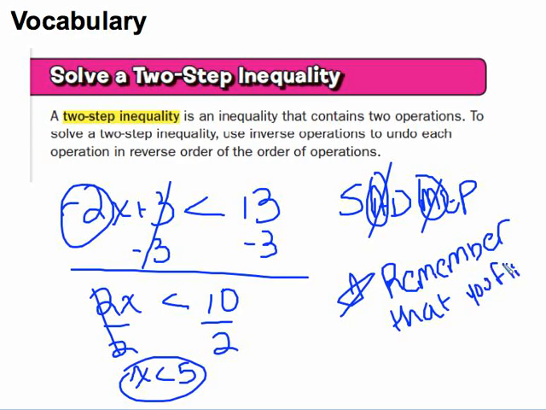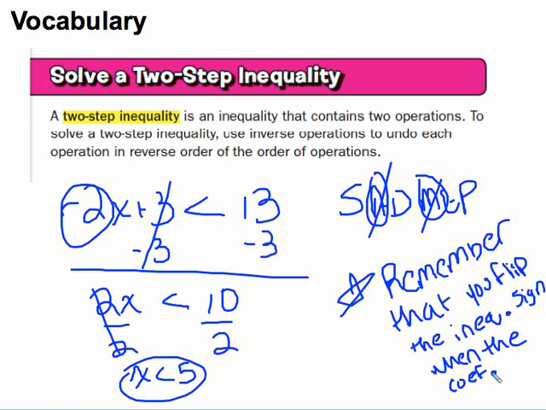So you have to remember that you flip the inequality sign when the coefficient is negative. I'm going to abbreviate coefficient as coef, and for negative I'm going to just abbreviate with neg. Okay? So let's try a few examples.